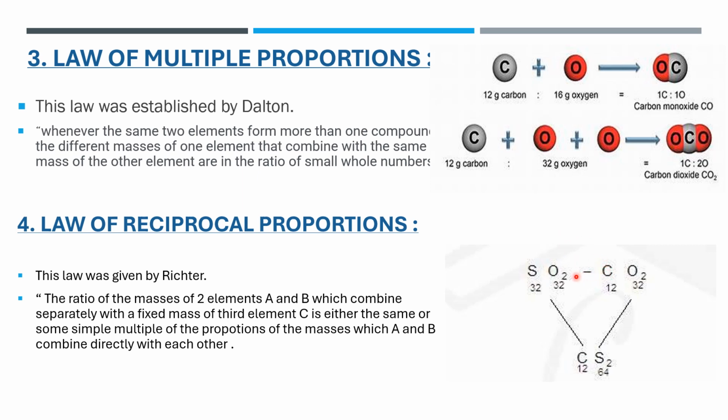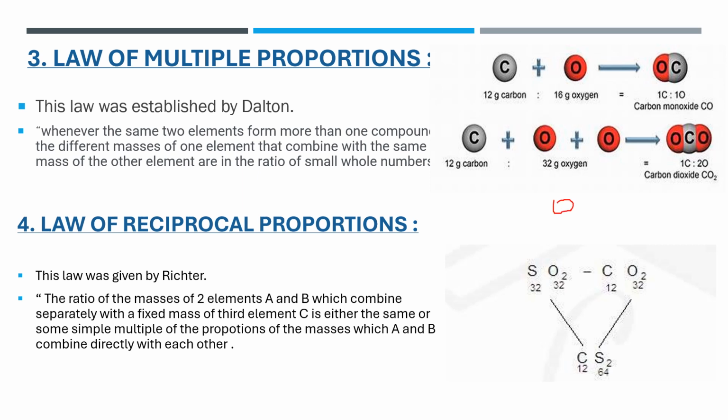And there will be a fourth element in the upcoming reaction, which will have the same mass. Here consider carbon, sulfur, and oxygen. Next, we can take another oxygen atom.